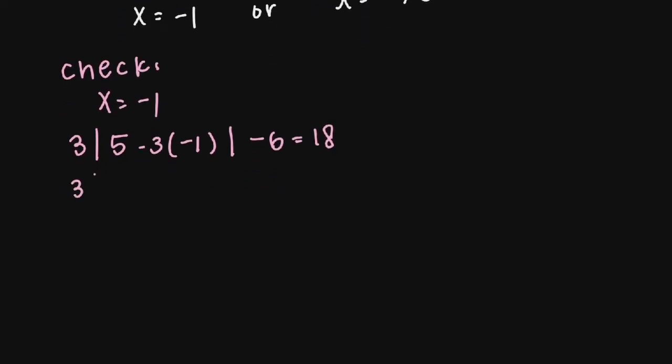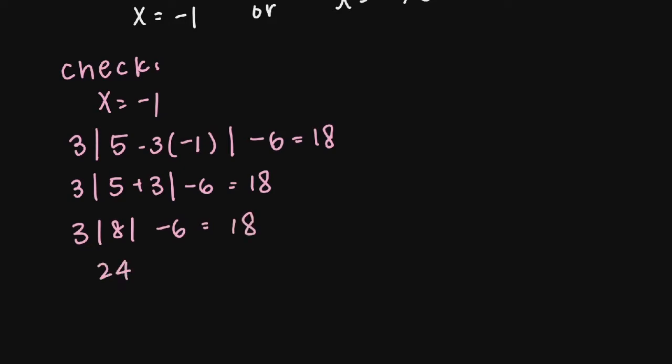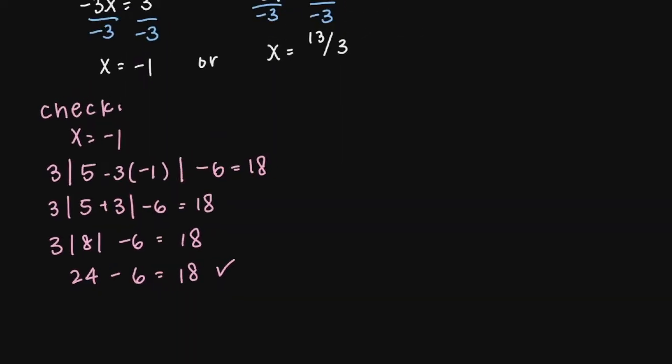So we get 3 times the absolute value of 5 plus 3, because negative 3 times negative 1 is positive 3, minus 6 equals 18. And then 5 plus 3 is 8. And the absolute value of 8 is positive 8, so 24 minus 6 equals 18, which is true. So that means that one works.